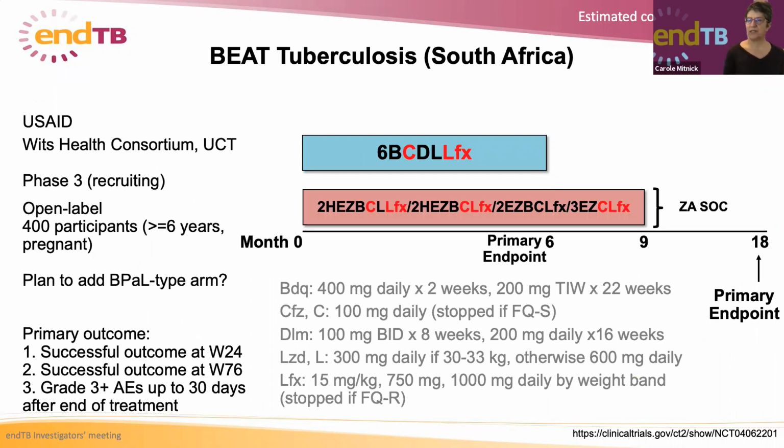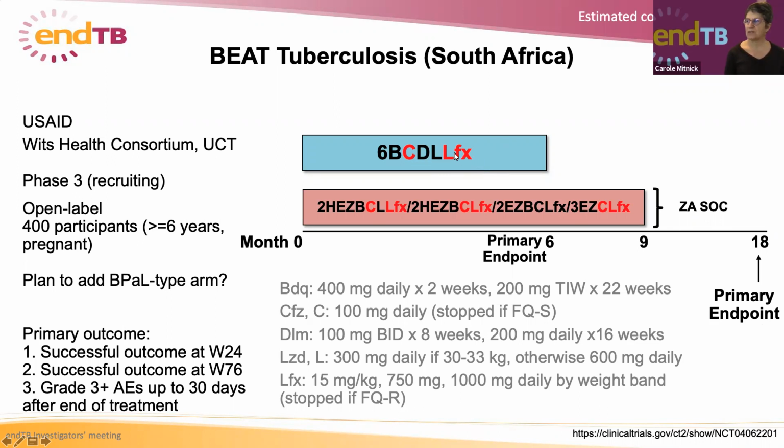Beat Tuberculosis is a pragmatic open label randomized trial that compares a 6-month all oral regimen containing bedaquiline, clofazimine, delamanid, linezolid, and levofloxacin to the current standard of care regimen in South Africa, which is this 9-month regimen. It includes patients who have quinolone susceptible TB, as well as patients who have quinolone resistant TB.